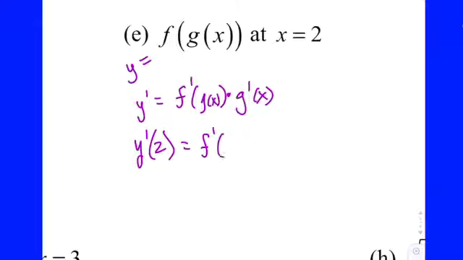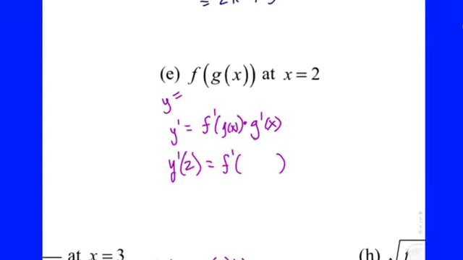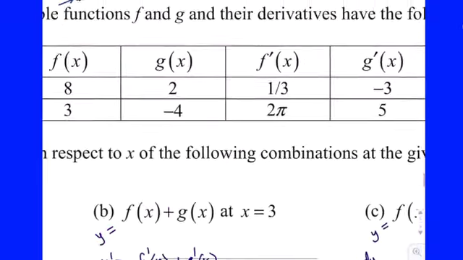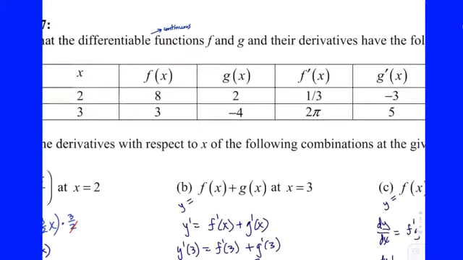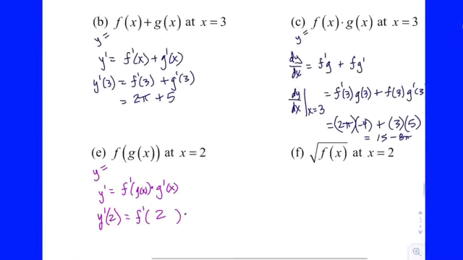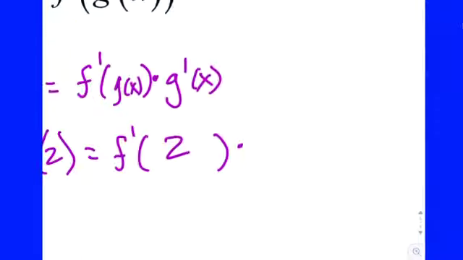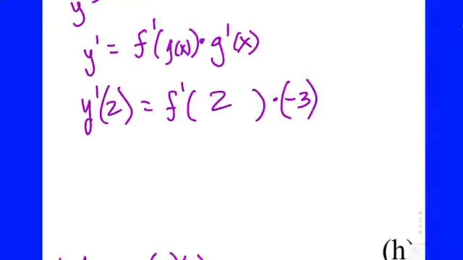This is going to be f prime of g of 2. I wouldn't do a composition in 2 steps. But g of 2 we can go ahead and write down. It is 2 times g prime of 2. We can write that down. It's negative 3. So again, not dot negative 3, but parenthesis negative 3.